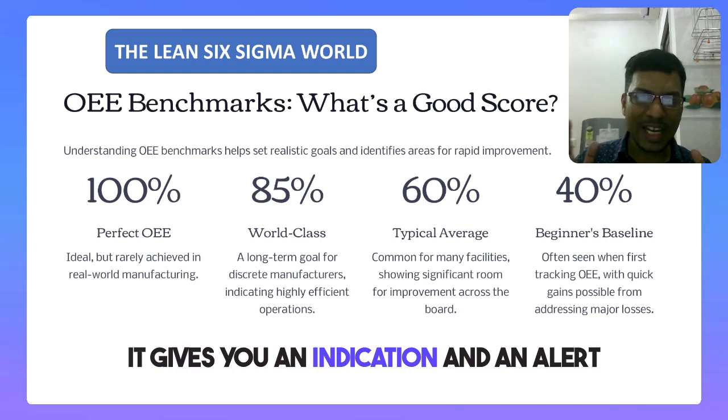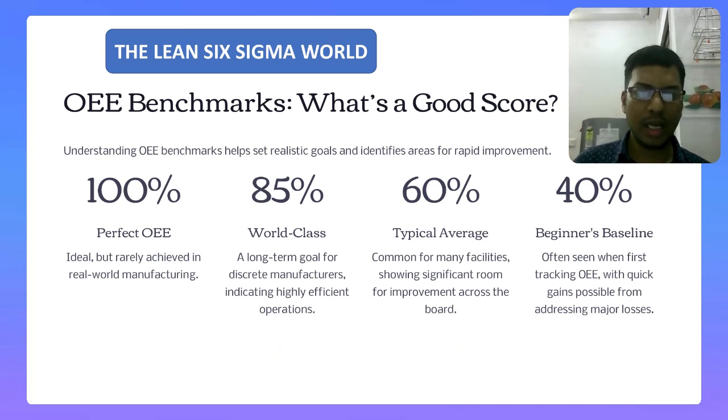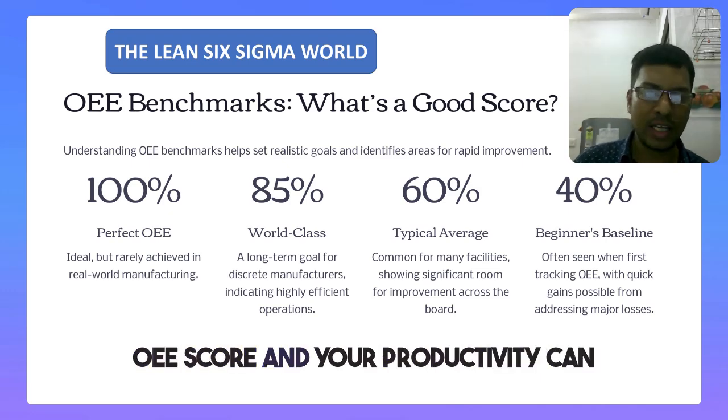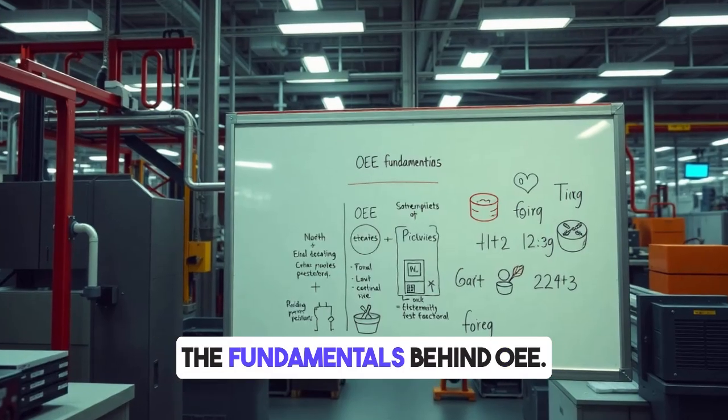It gives you an indication, an alert, of what you need to focus on: your losses, your lost time. In that way, you can optimize your OEE score and your productivity can improve. So that is basically the fundamentals behind OEE.